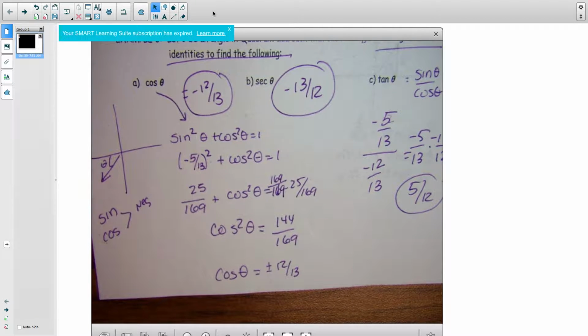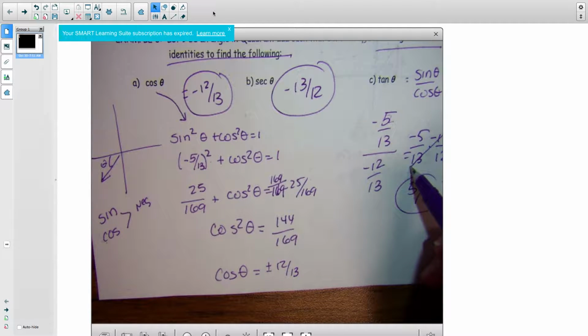And you know down here in quadrant 3, sine and cosine are negative, which means tangent is positive. 13s cancel. I took 5/13 multiplied by the reciprocal of the denominator.